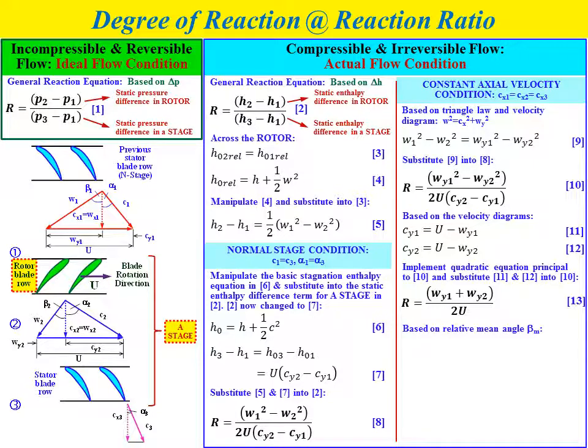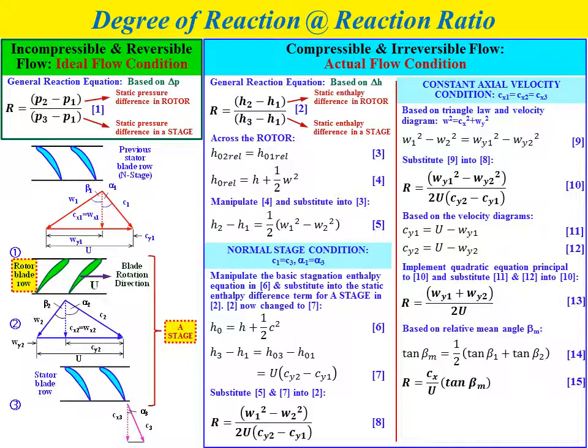If you want to include the relative flow angle, we can base it on the relative mean angle beta m equation, where tangent beta m equals half multiplied by tangent beta 1 plus tangent beta 2, equation 14.